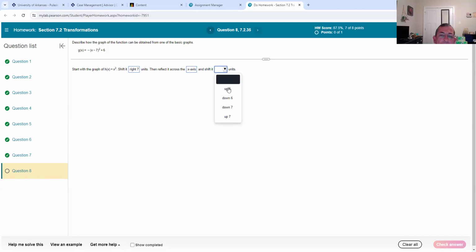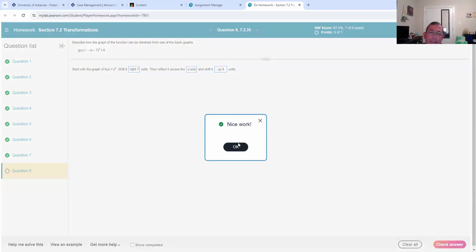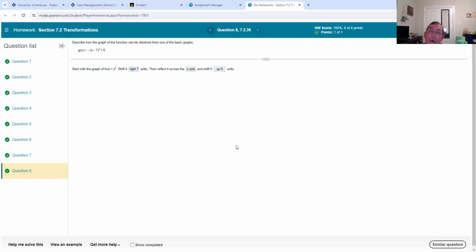Oh, so I'm getting an up, so we're going to go up 6 on that one, okay? So they just sort of almost follow order of operations, right? They did the parentheses first, and then they did the negative out front, and then they did that number at the end. But y'all, we checked the answer and we're done.